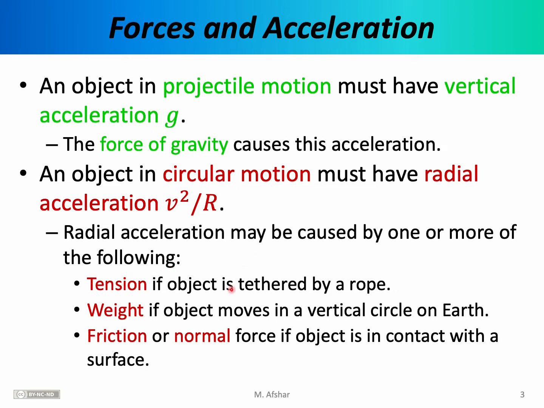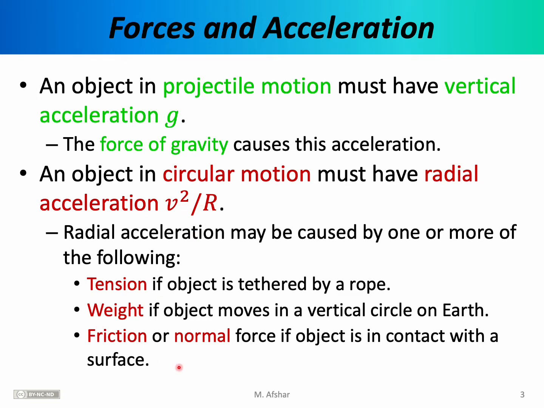If we're talking about, for example, a ball tethered to a rope that you're spinning or lassoing over your head, in that case, it's the tension in the rope that is giving the ball this particular acceleration. On the other hand, if you're talking about an object that's moving in a vertical circle, somewhere near the surface of the Earth, it might be weight or the force of gravity that is causing this acceleration.